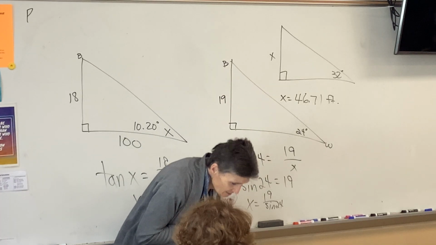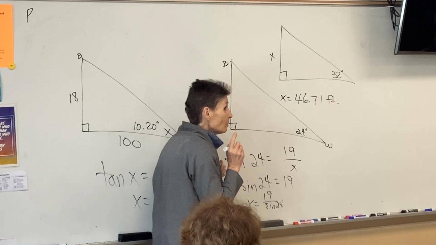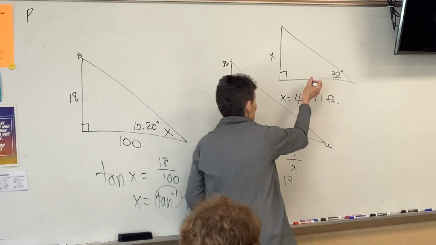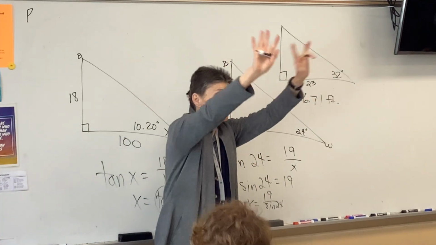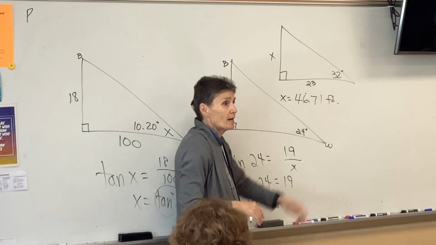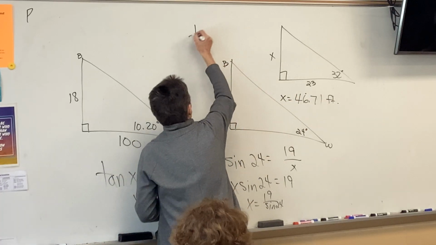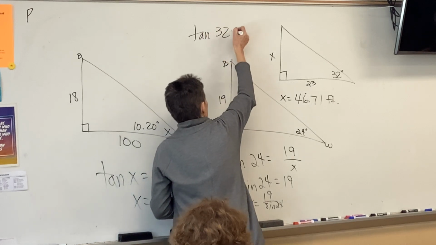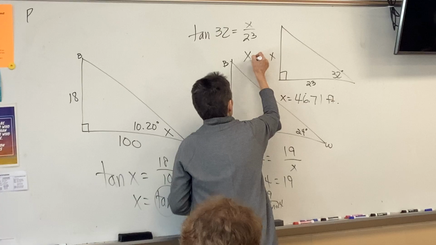Where does the shadow, where's the 23 go? Isn't a shadow on the ground, you guys? Shadows aren't out here in space, they're on the ground. Here's the ground where I see the shadow. Sine, cosine, or tangent? Tangent. Tangent 32 equals X over 23.